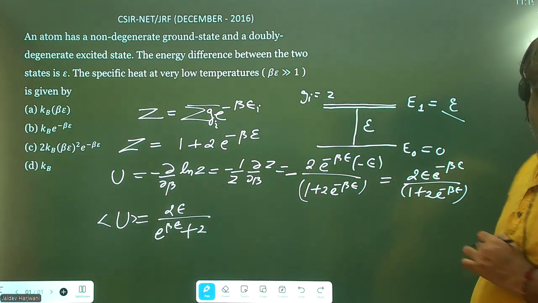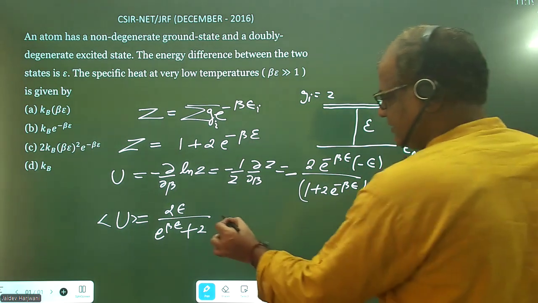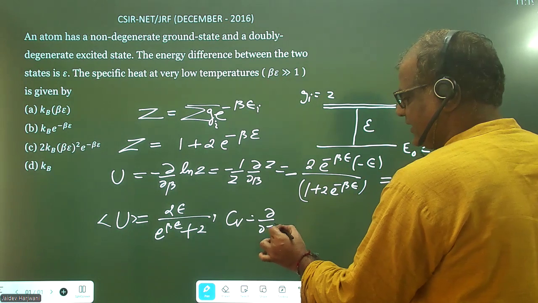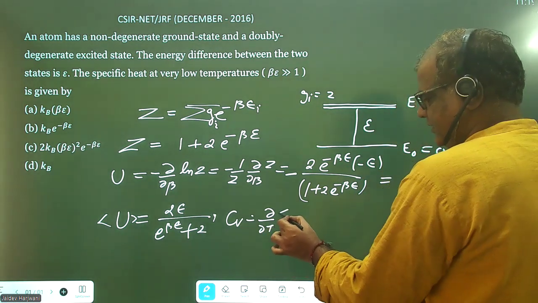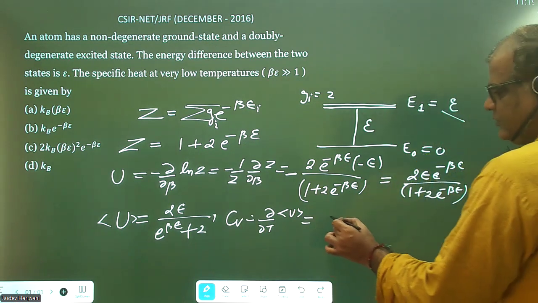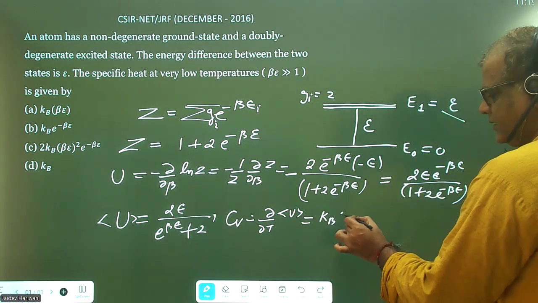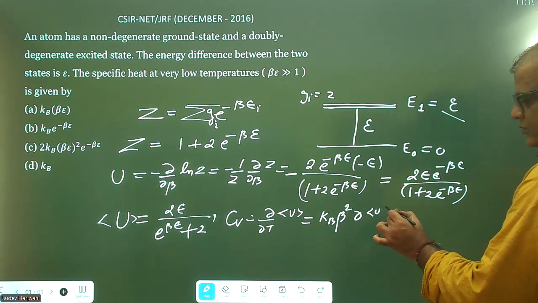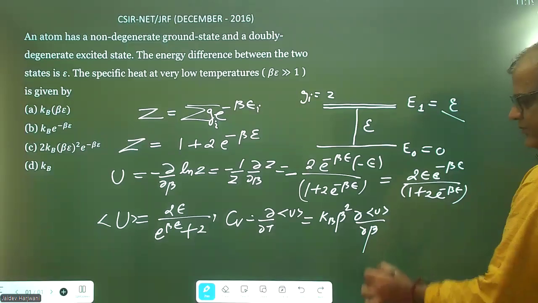Now I want to find the specific heat, so that will be del upon del T of the internal energy U. Or you can say that is equal to minus k_B beta square del U upon del beta.